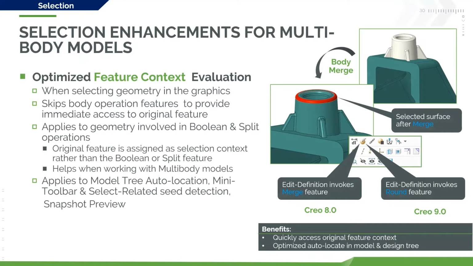So this skips body operation features to provide immediate access to the original feature. So you have quick access to your original feature context and optimize auto-locate in model and design tree.